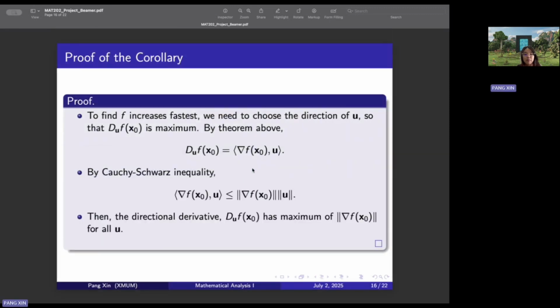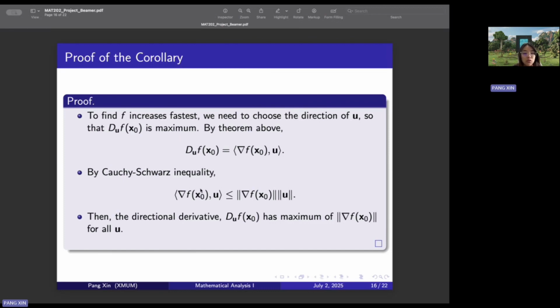To find where f increases fastest, we need to choose the direction u so the directional derivative is maximum. By using the theorem above, the directional derivative equals the dot product of the gradient and the direction vector.